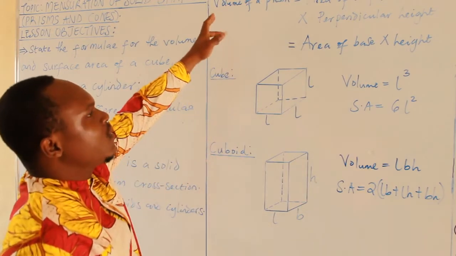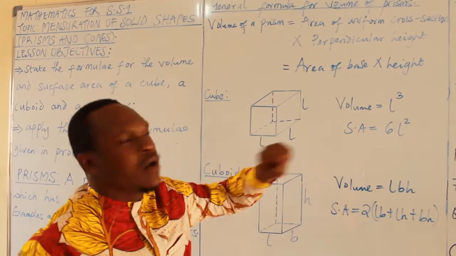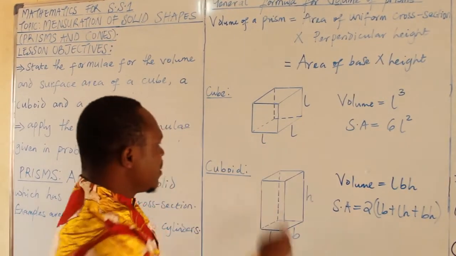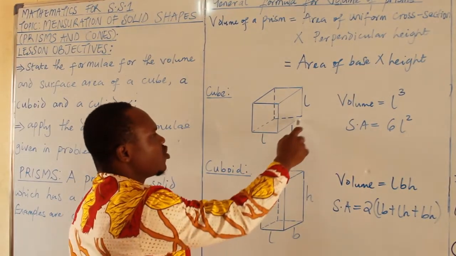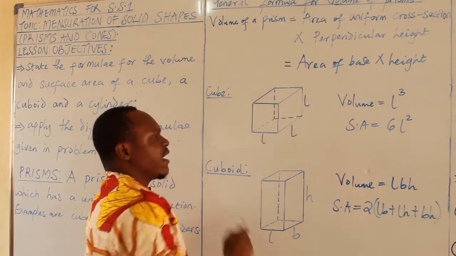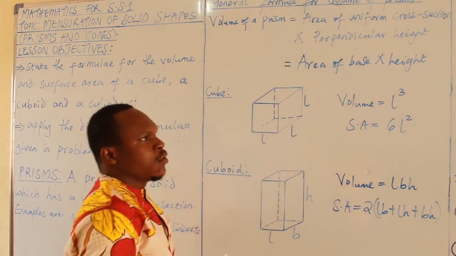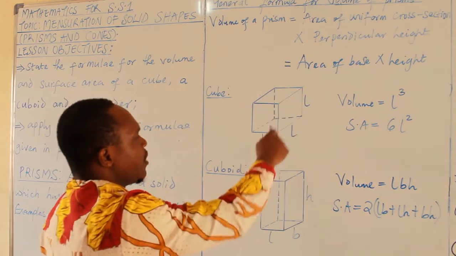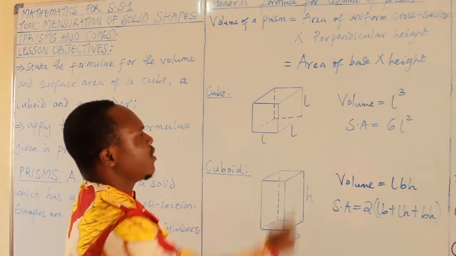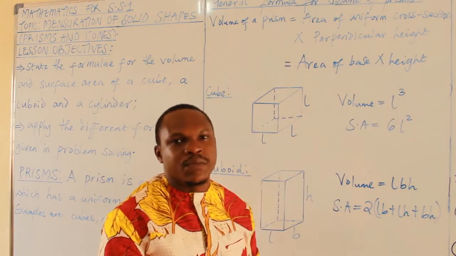Based on our formula for the volume of a prism, the area of the base multiplied by its height: the base of the cube is a square with area L squared, and the height is L. So L squared multiplied by the height L gives us L cubed.